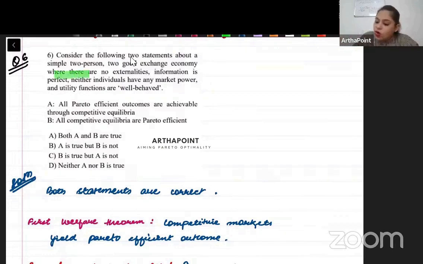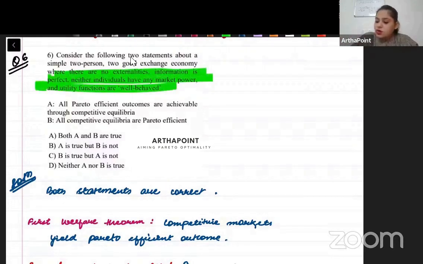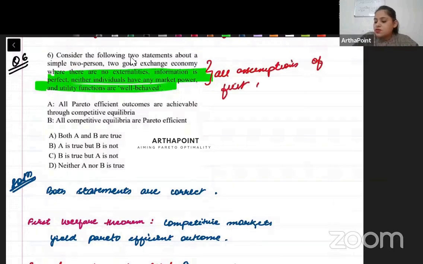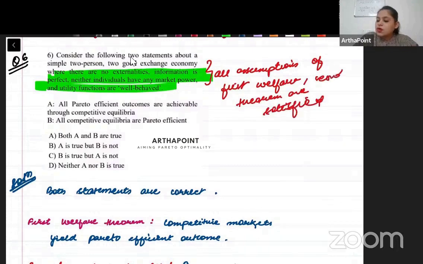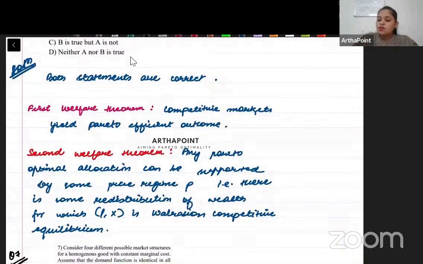It means that all my assumptions of the first welfare theorem are satisfied. Not first only, second also. All assumptions of my fundamental welfare theorems, first and second, are satisfied. Now, if all assumptions are satisfied, then we can go to these two welfare theorems.